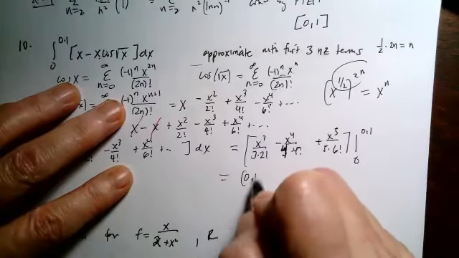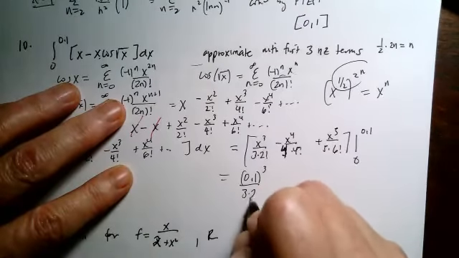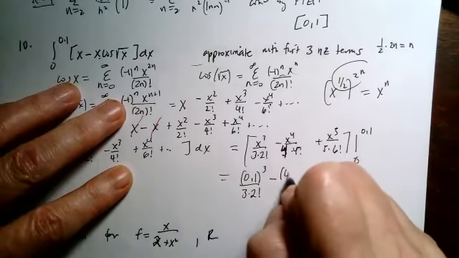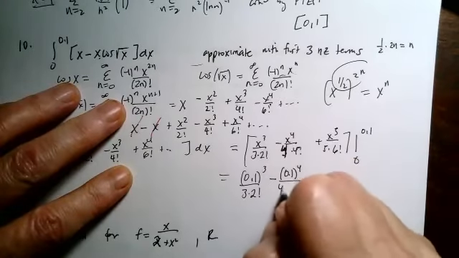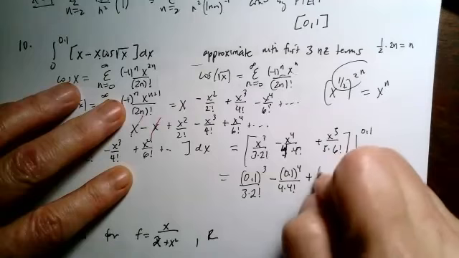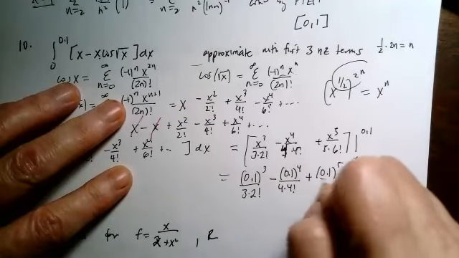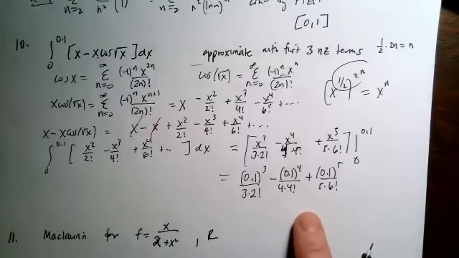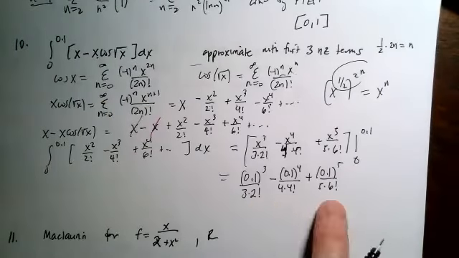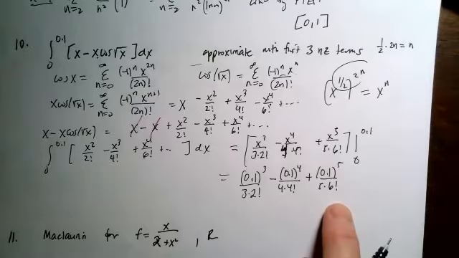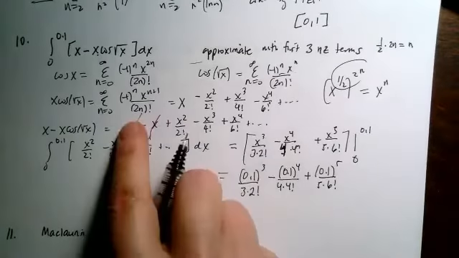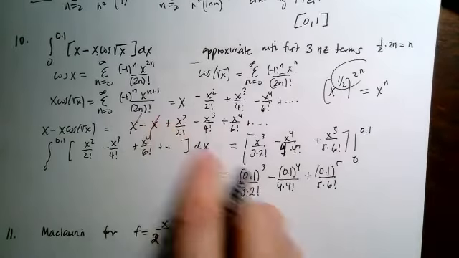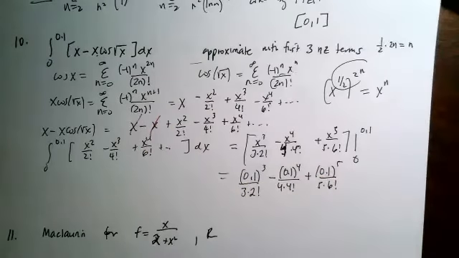We'll have 0.1 cubed over 3 times 2 factorial minus 0.1 to the 4th over 4 times 4 factorial plus 0.1 to the 5 over 5 times 6 factorial. Okay, and I think that's the first 3 non-zero terms that are left because these guys cancel. Pretty sure that's the answer.